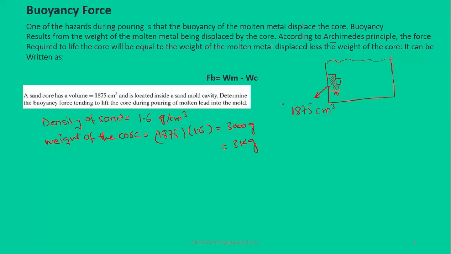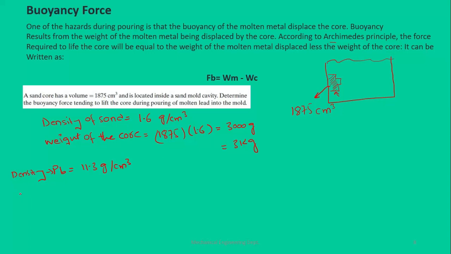So the sand core weighs 3 kilograms, but the molten metal that is being poured is lead, and the density of lead is 11.3 grams per centimeter cube.